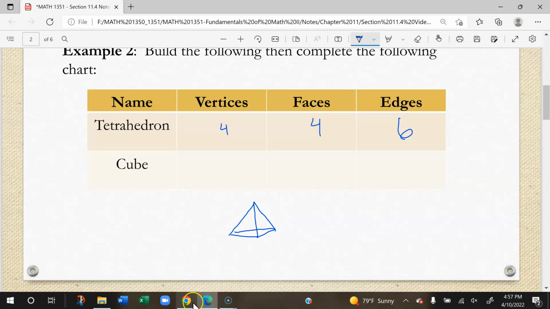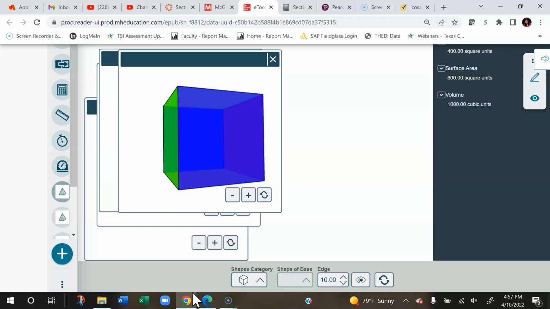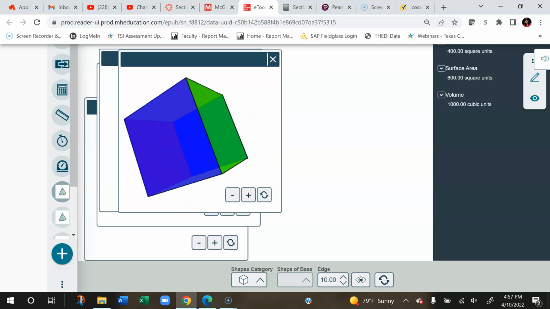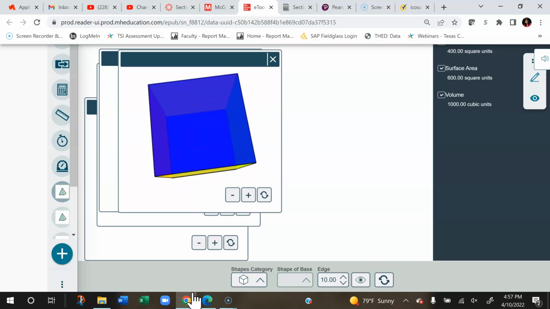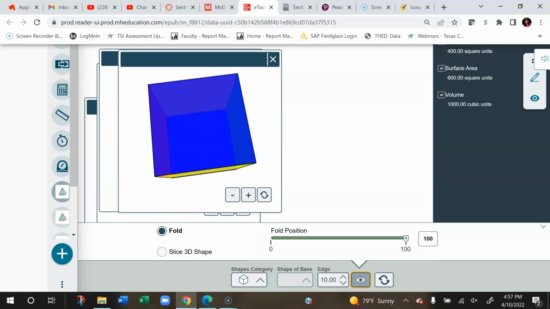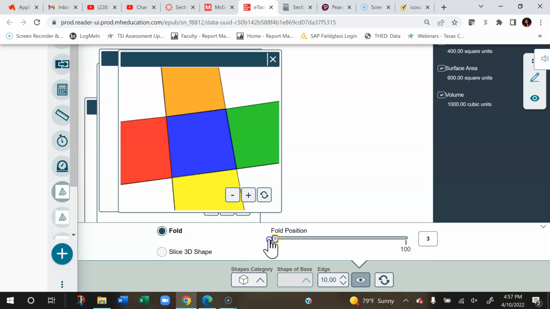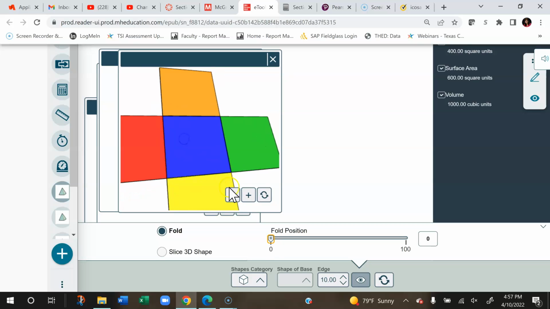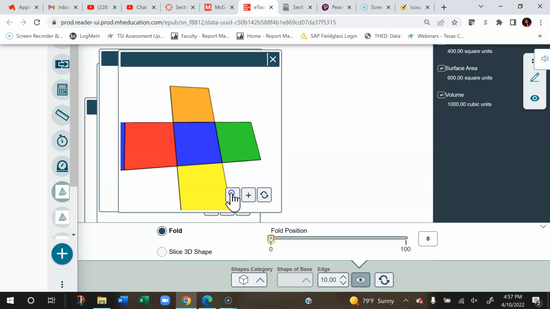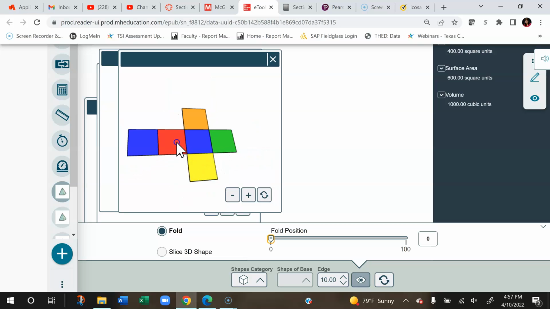Now, for a cube, I'm going to come over here, so a cube right here, and I'm going to lay this out for us because it's a little bit easier to see sometimes whenever it's laid out. Okay, and I'm going to zoom out some. So here's our cube that's laid out.